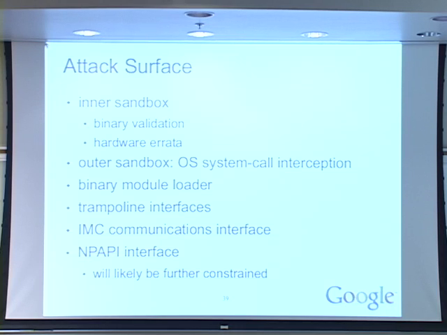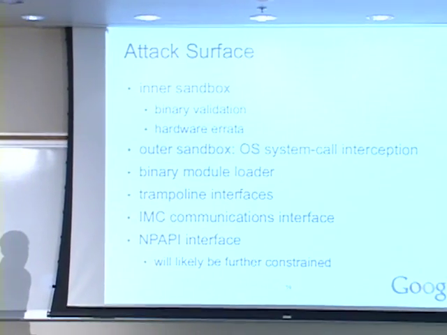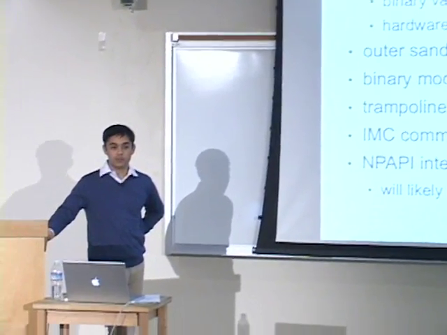Then there's the outer sandbox, and whether or not there's a hole in some aspect of how we do system call interception. There's a binary module loader, because we're going to take this untrusted code and load it into memory ourselves. And so if there was some parameter that was not being checked properly, that could lead to problems. There are the trampoline interfaces and the arguments that they take that could possibly be problems.